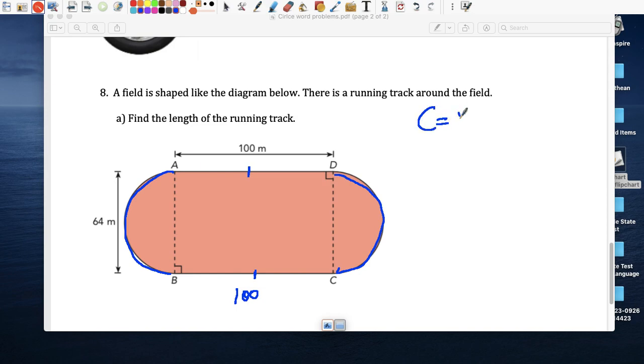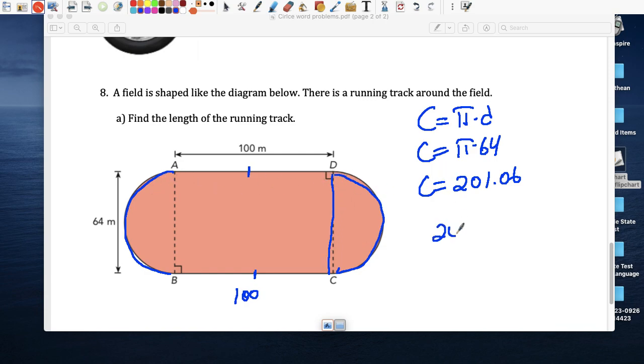So C equals pi d. C equals pi, and what's the diameter of this circle? Well, the diameter is 64. So C equals 64 pi, or 64 times pi. Enter. It's going to give us approximately 201.06, right? The circumference. We need the full circumference because it's 2 half circles.